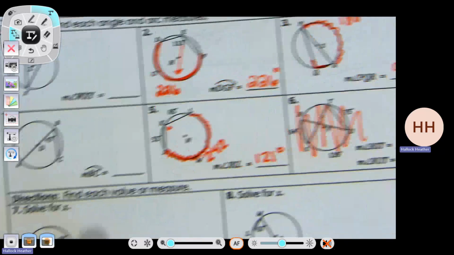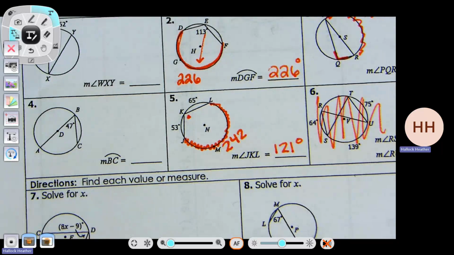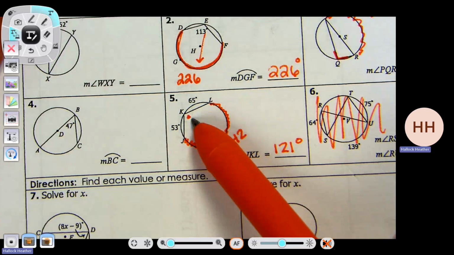Okay, try number 4. Now that we've done a couple. Try number 4. I cut this in half to make the angle.